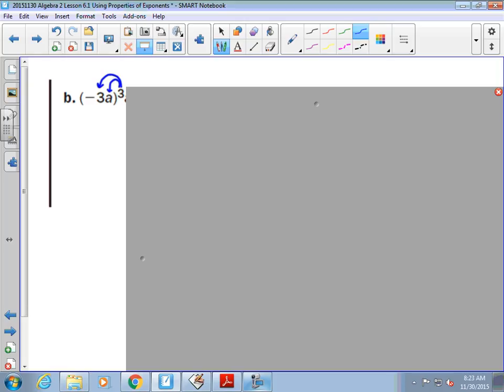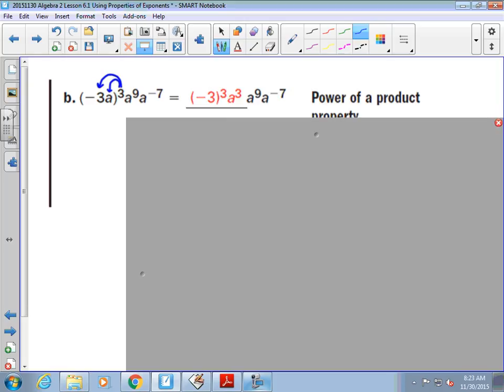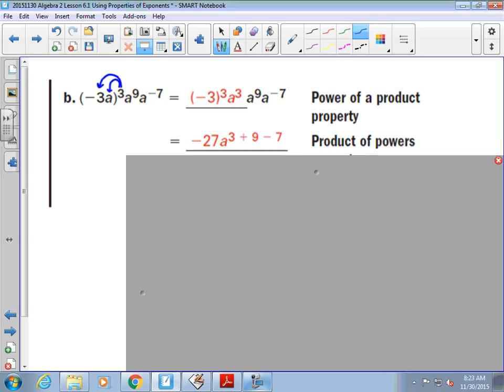This isn't 3 times 3 times 3. This is going to be negative 3 times negative 3 times negative 3. So you have negative 3 to the third, a to the third, a to the ninth, a to the negative 7th. Negative 3 to the third, that's an odd amount, so it's going to become negative at the end. 3 times 3 is 9 times 3 is negative 27.